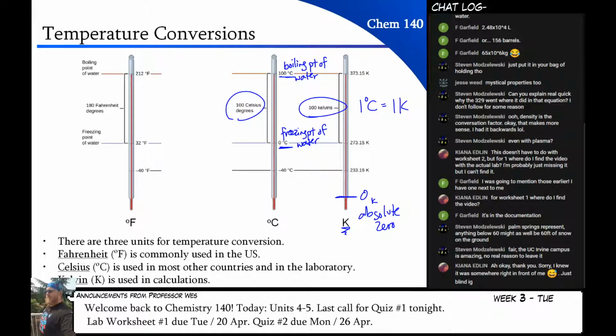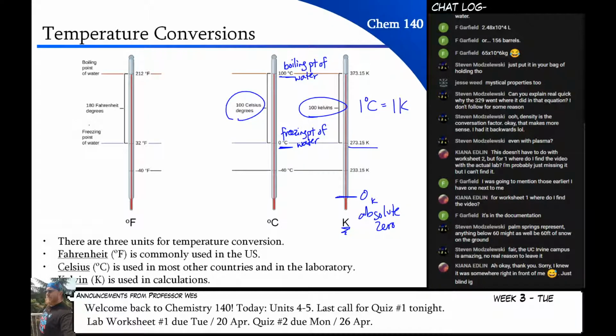That's our definition: at this point, everything is stationary. There's no kinetic energy. The temperature of that system would be 0. And then you go up from there. As molecules get faster, their Kelvin temperature increases. It turns out that where water freezes, its temperature in Kelvin is 273.15.